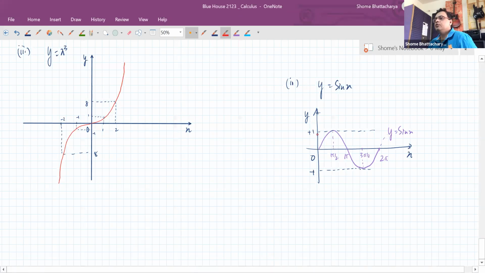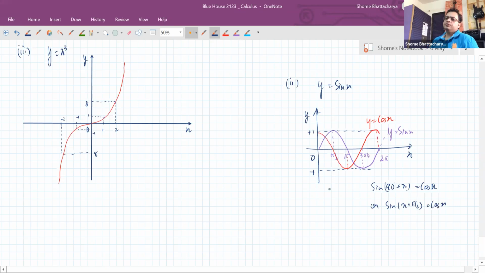If you compare the cos x graph to it, it's exactly the same shape, but it is shifted. So there's a symmetry between the sine x graph and the cos x graph, which is why there's a relation that sine of 90 plus x is equal to cos x, or sine of x plus pi by 2 is equal to cos x.